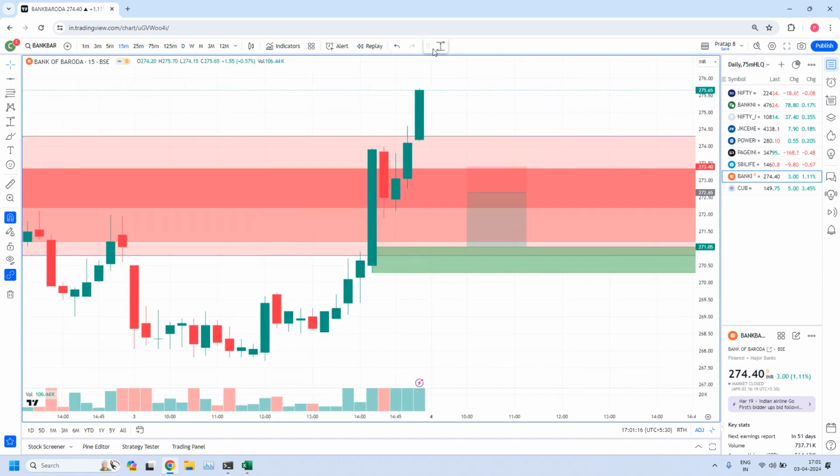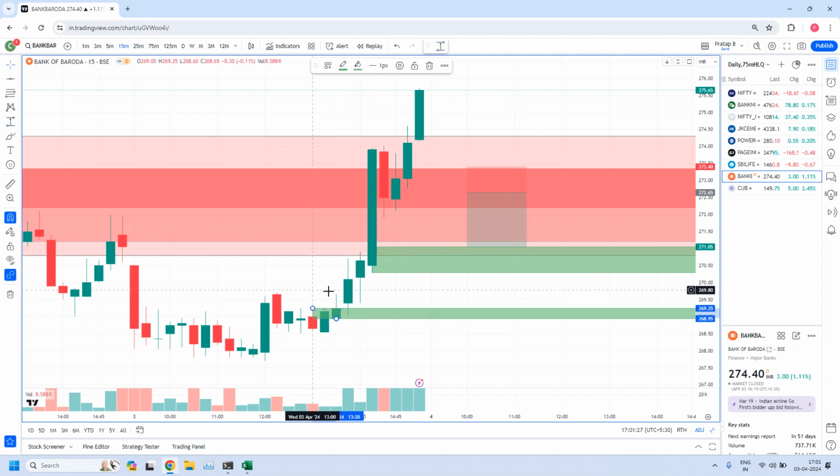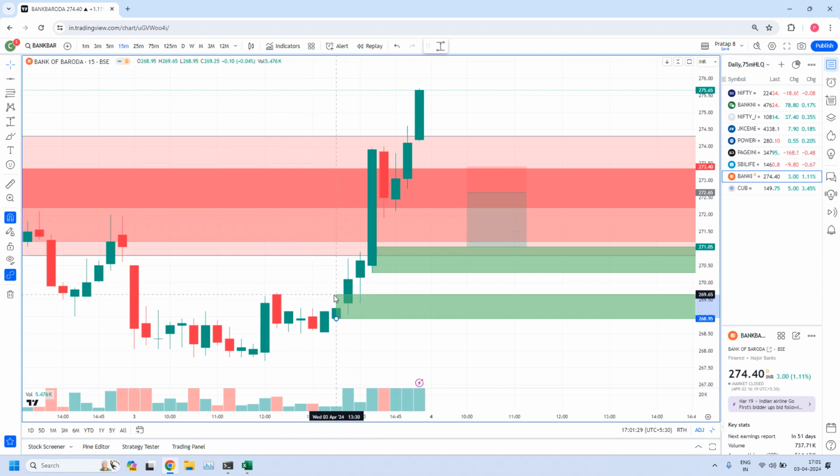Here you have a 15-minute zone. Sorry. We have a rally, base, rally, ERC candle. This is your target, 15 minutes target.